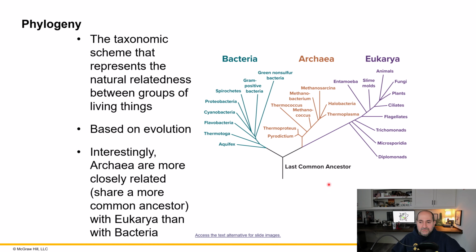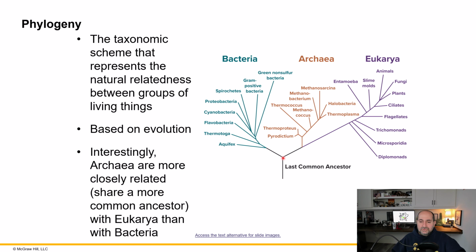This here, what you're looking at, is known as the phylogenetic tree. This means a tree of life showing different organisms and how they're related to one another. All of us share a common ancestor, right? Remember, we all share a common ancestor. And that is shown by this one line here at the bottom.